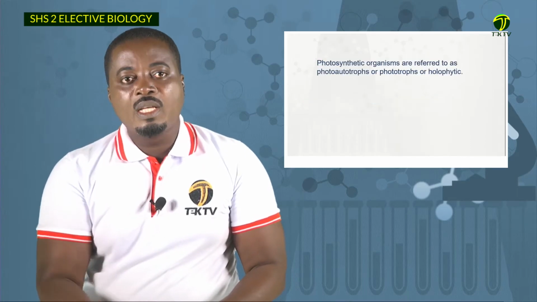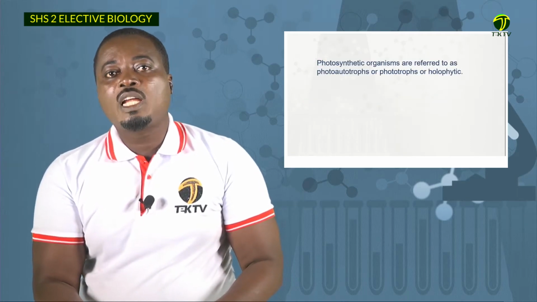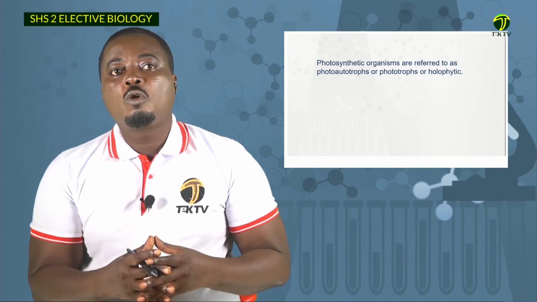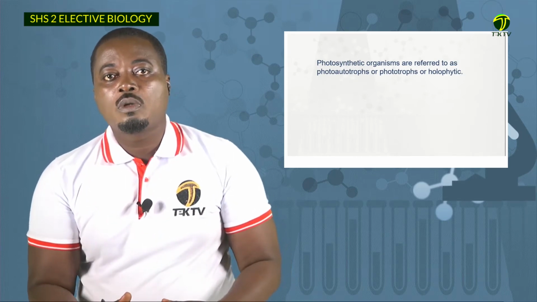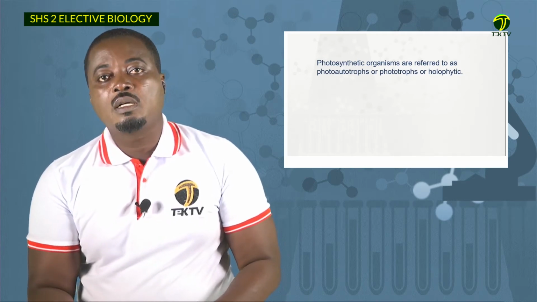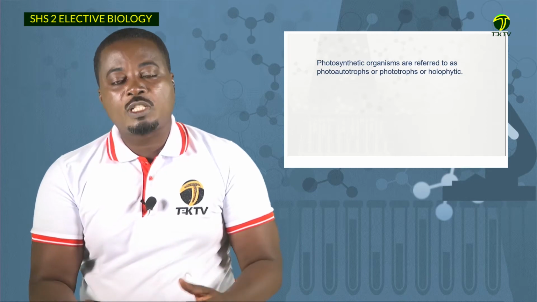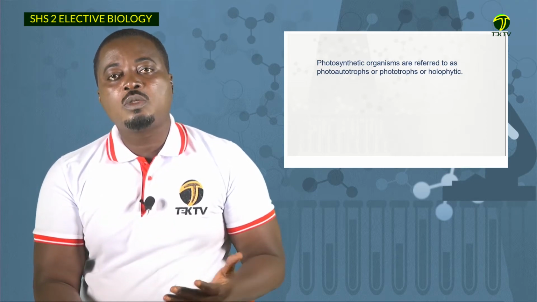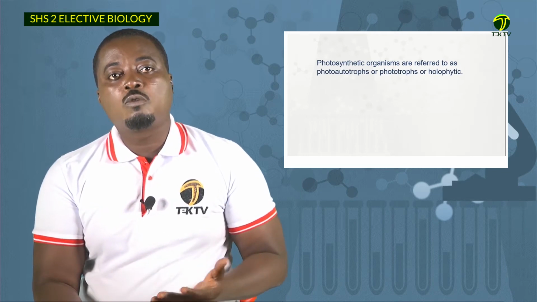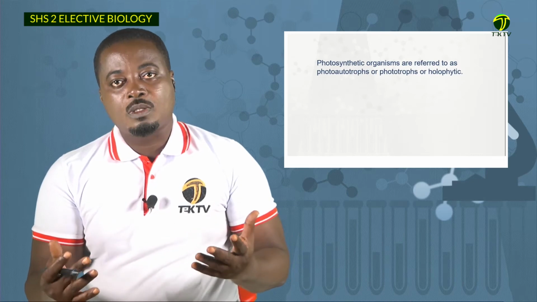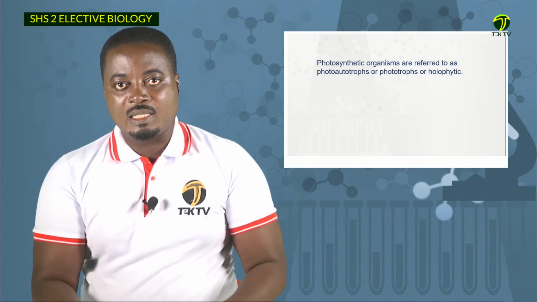Now, photosynthetic organisms are generally referred to as photoautotrophs or phototrophs, or we say they are holophytic organisms. So when you see a photosynthetic organism, you can also refer to them as photoautotrophs or phototrophs or holophytic organisms.